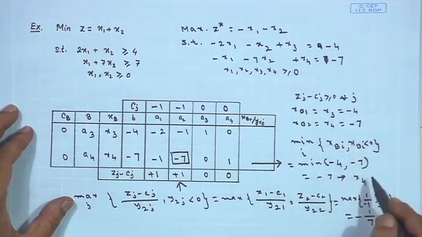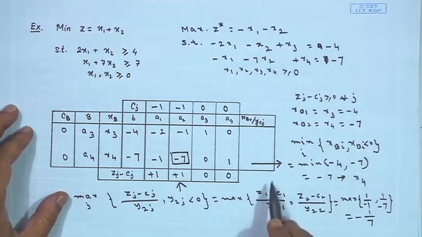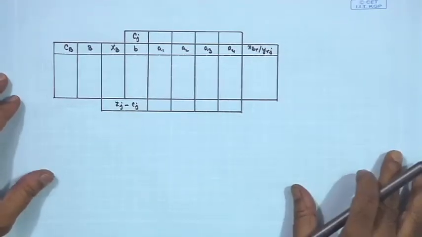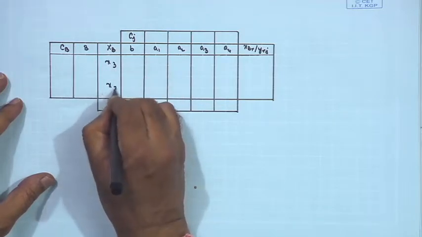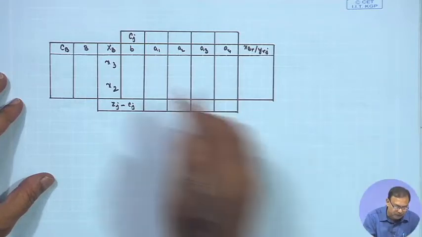So, this is how you select which one will be the departing vector and which one will be the entering vector. First we select the departing vector. From here we calculate this, and next your x3 will be coming here and x4 will be replaced by x2.